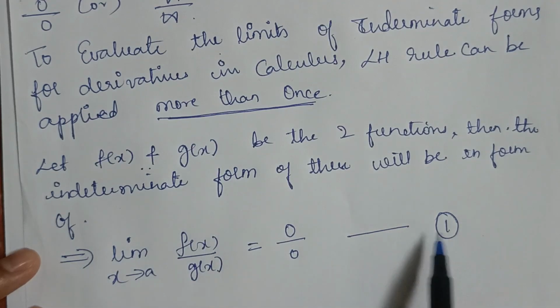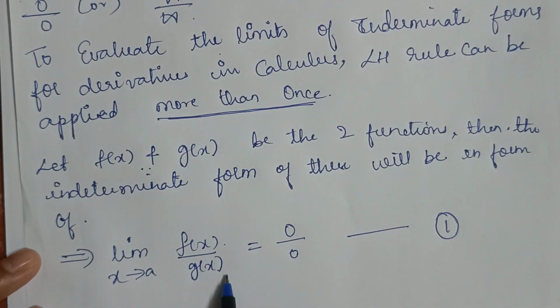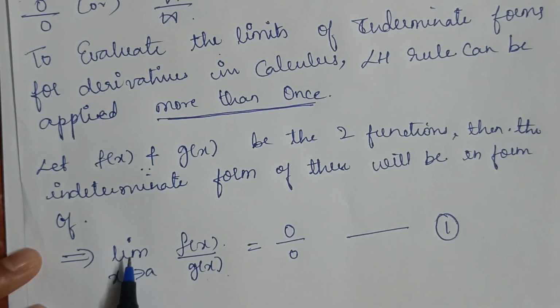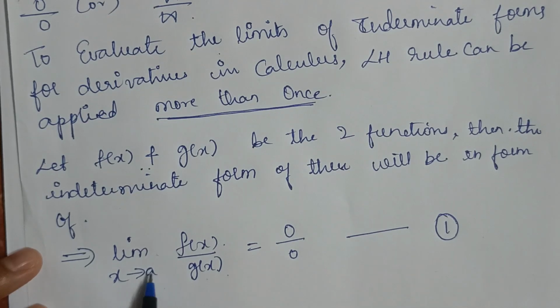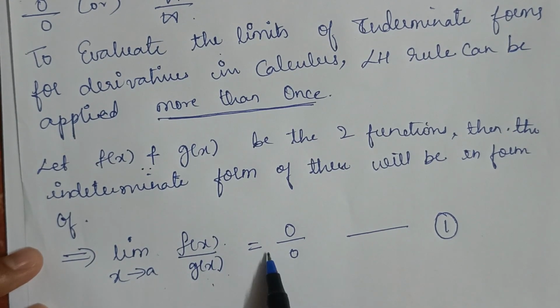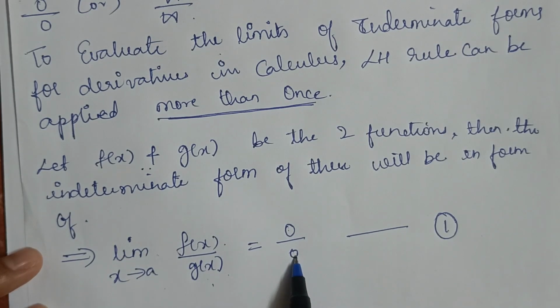F of x is a function, g of x is a function. Here x tends to a, where a is some value, 0, 1 or whatever it is. This value should be 0 divided by 0.